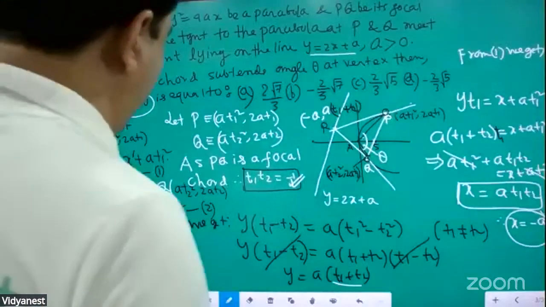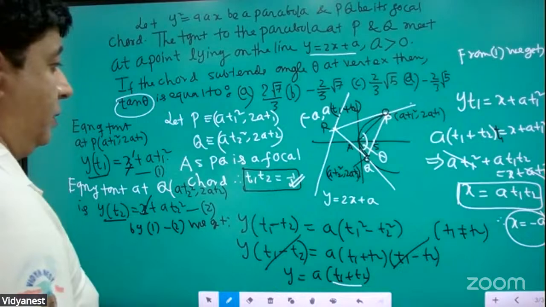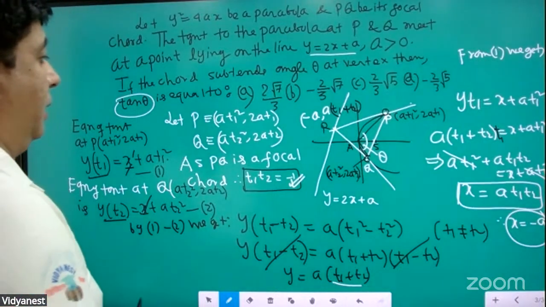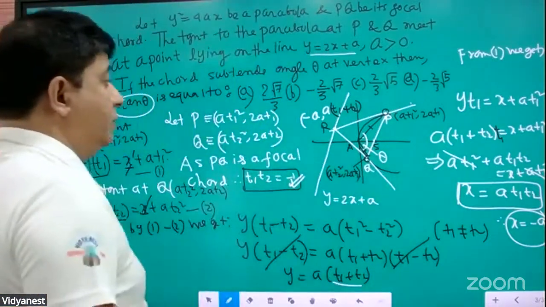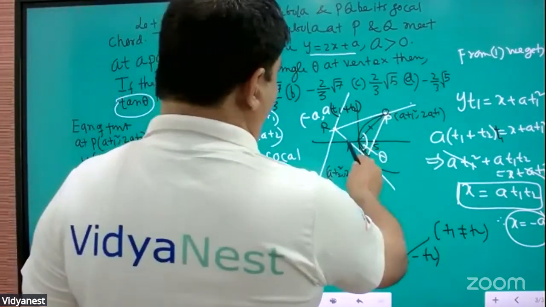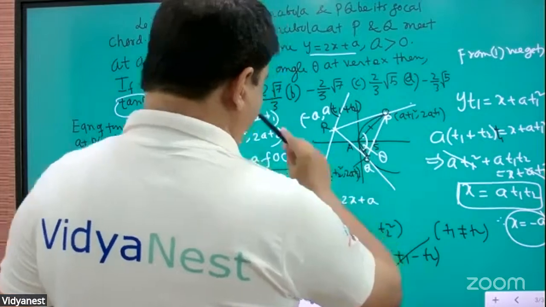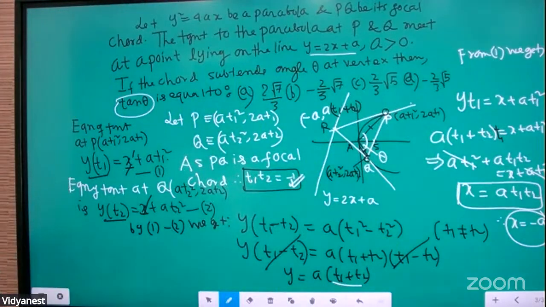There is no problem, I think. Now you find the slope of these two: slope of AP and slope of AQ.